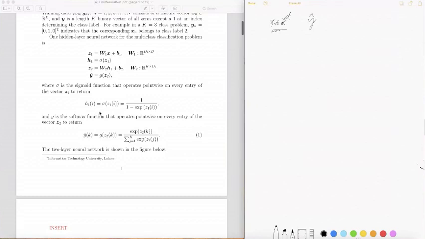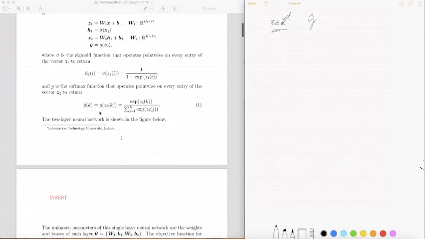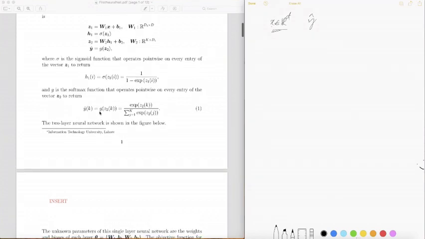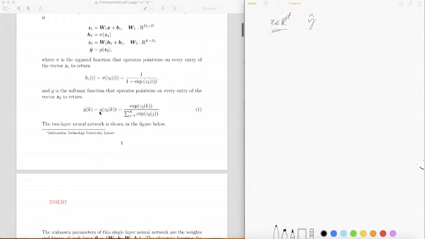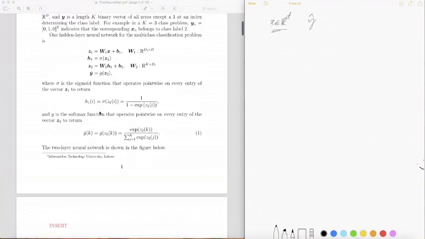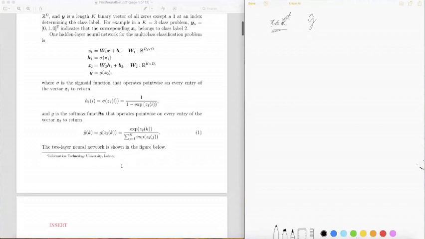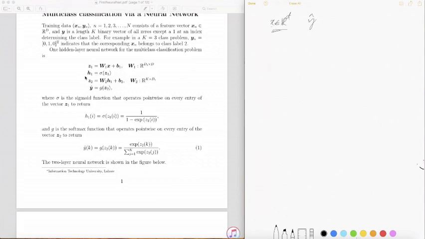Then we showed that if we use gradient descent, how we can set up the back propagation to calculate the gradients, since we are using gradient descent to solve for weights and biases. So let me briefly go over this, because it's important that you have this fresh in your mind before I start with the next topic.